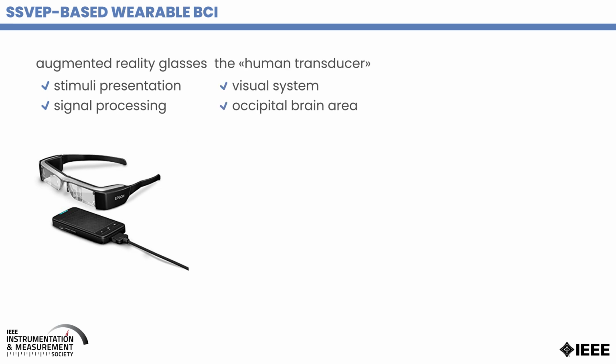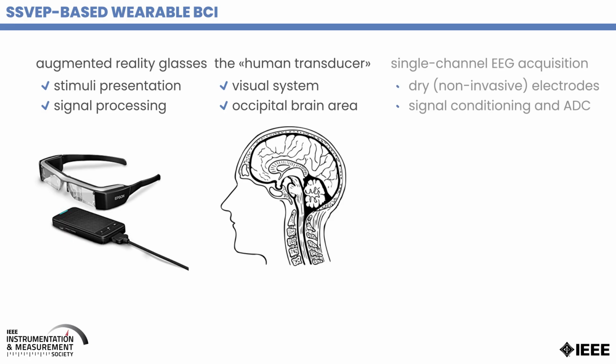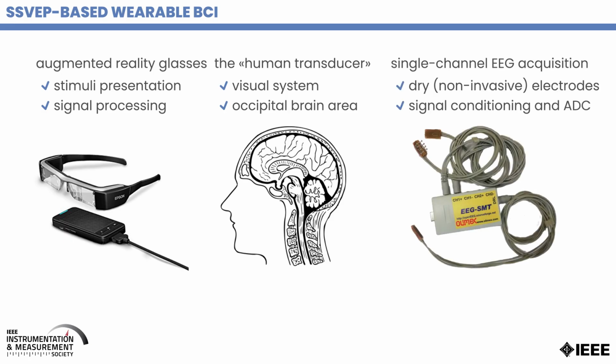In the middle, the user is a kind of transducer that transduces the incoming light and generates electrical signals in the occipital part of the brain particularly. And then we have a wearable device, an off-the-shelf device, which is capable of acquiring this activity and bringing it back to the microcontroller of the smart glasses to close the loop for processing and for control. In this case, the control was to activate the icon.